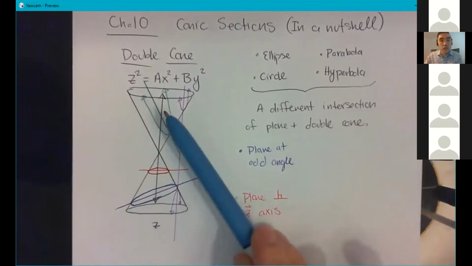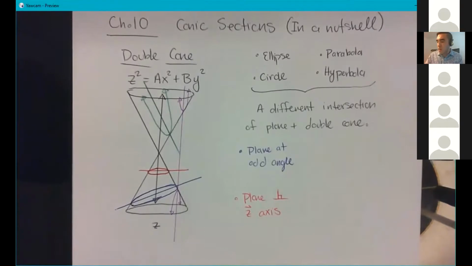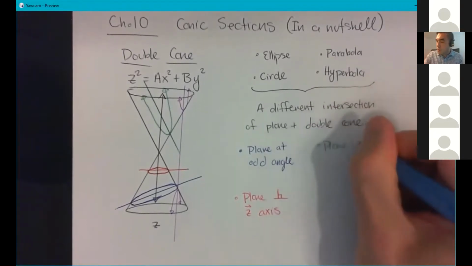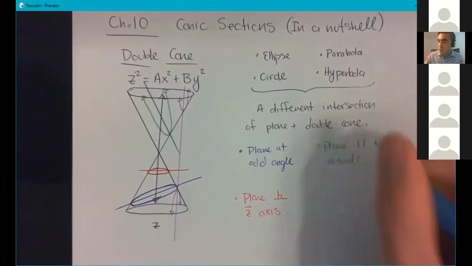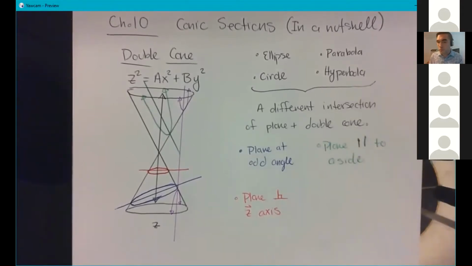The thing that gives us back a parabola, this guy right here, is a plane which is parallel to a side of the double cone, where this is that old geometry parallel line symbol.